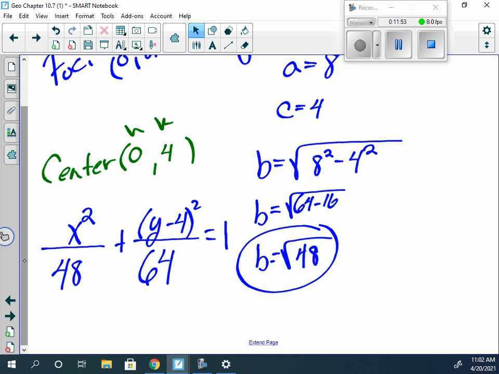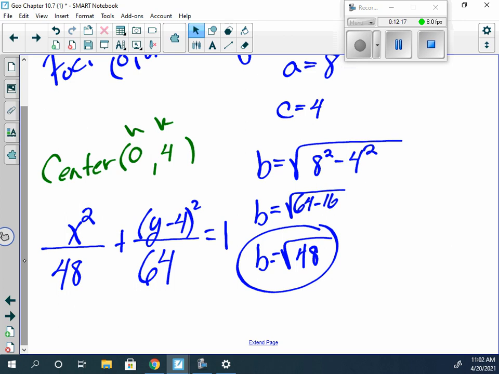Now, hyperbola is the next section that we'll cover, and it deals with minus, which is actually a little bit easier to deal with, because whatever a is, the major axis, will go with the one that's positive. So the a value will always be in the bottom of the first fraction, and b will always be in the bottom of the second fraction.